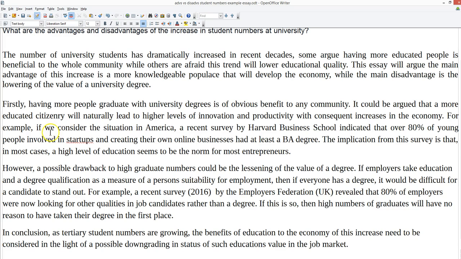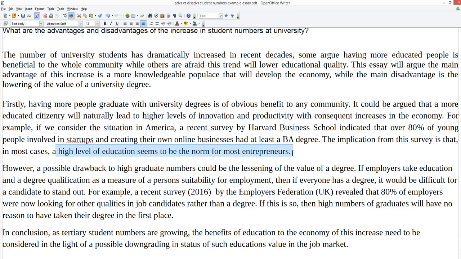So for example, if we consider America, a recent survey by Harvard Business School, 80% of young people involved in startups, blah, blah, blah, had at least a bachelor's degree. The implication from this survey is that a high level of education seems to be the norm for entrepreneurs. So having a degree, productivity, develop the economy, that's it.